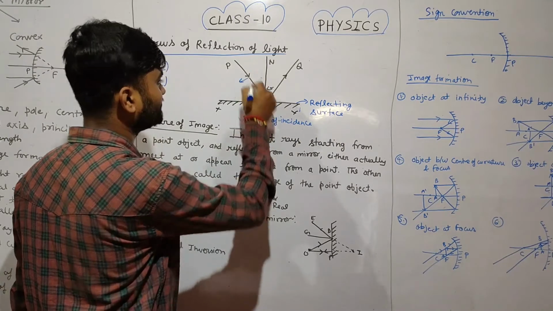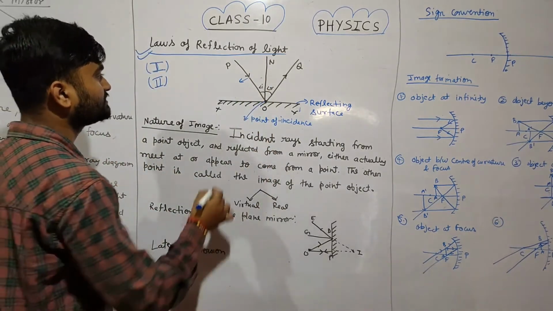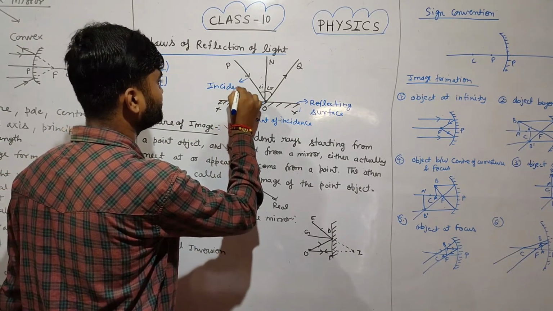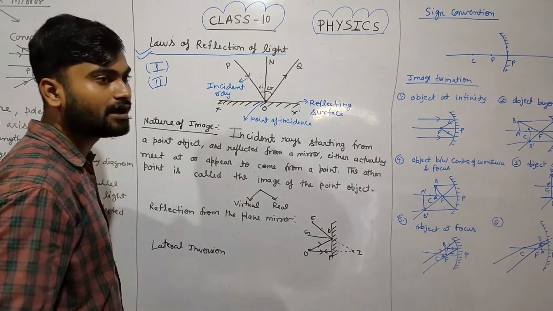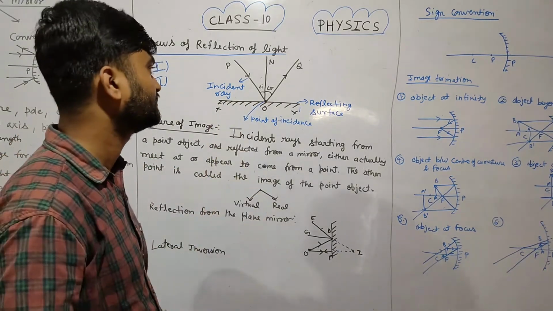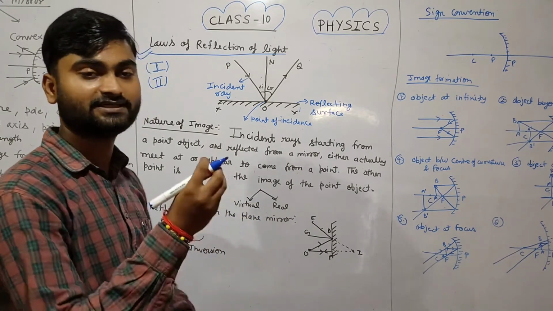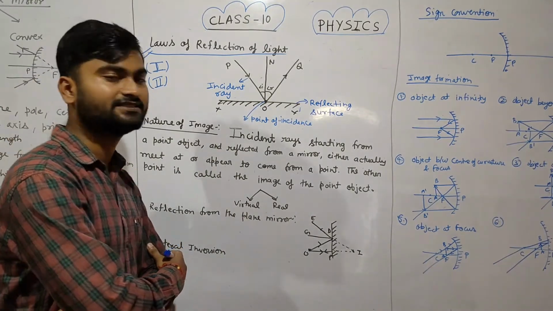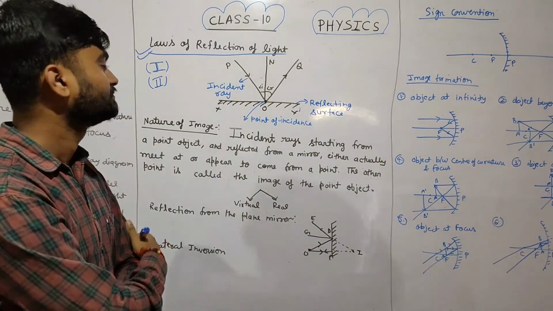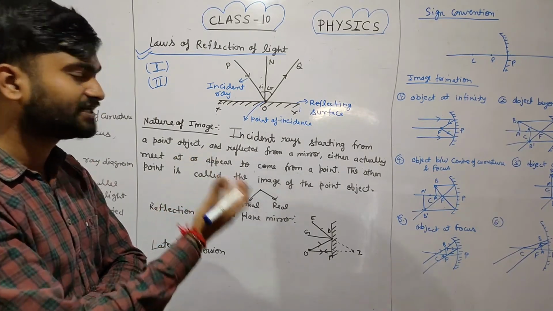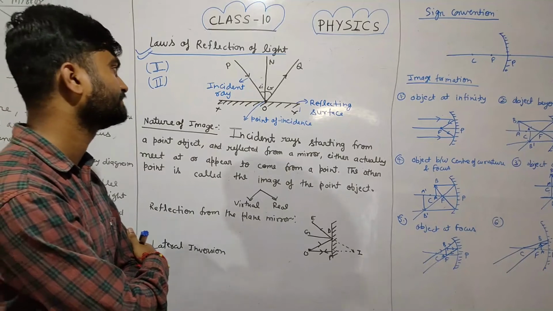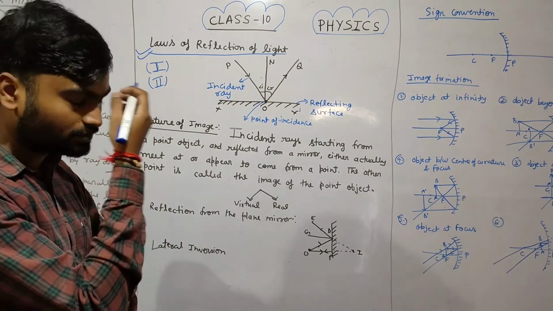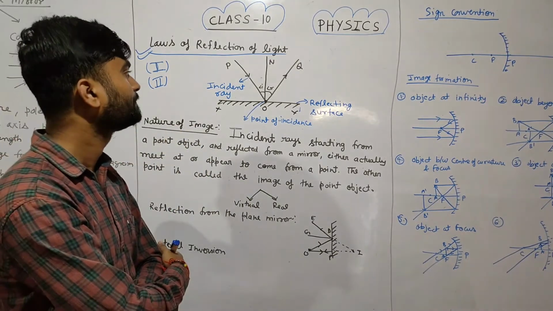And what is this ray called? The ray OP is known as the incident ray, आपतित किरण in Hindi. Definition of incident ray: the ray coming from the source towards the reflecting surface is known as the incident ray.